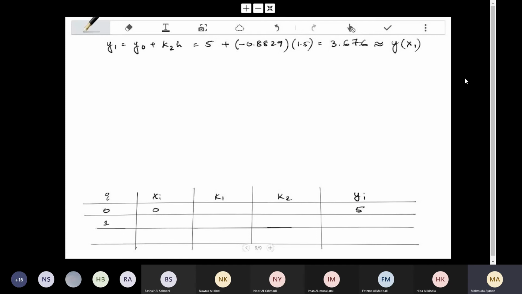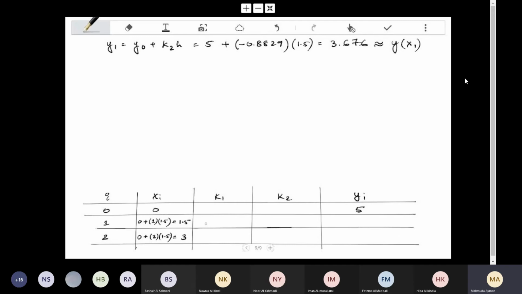When i is equal to 1, x1 is 0 plus i, which is 1, times h, which is 1.5, and that will give us 1.5. And then when i is equal to 2, it will be x0 plus i, that's 2, times h, which is 1.5, that's equal to 3.